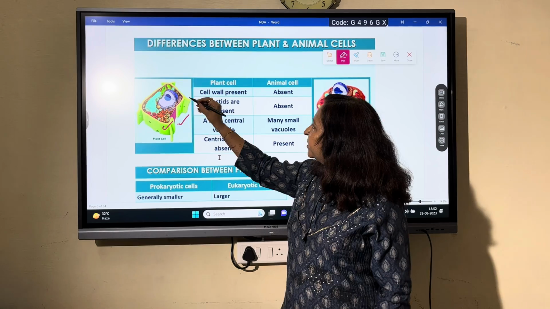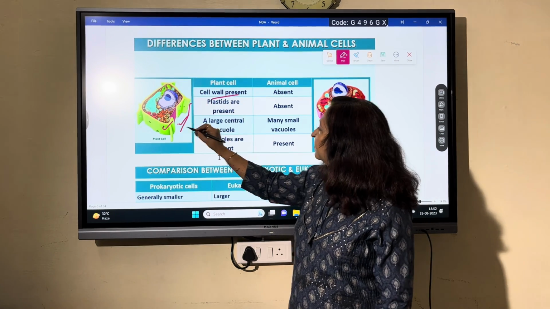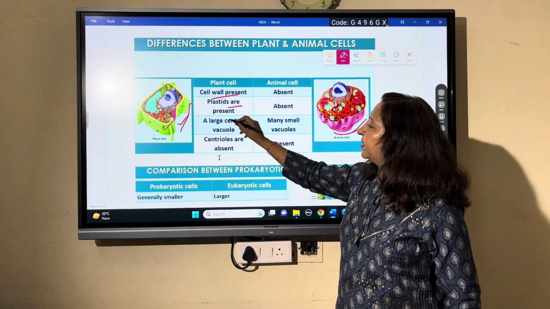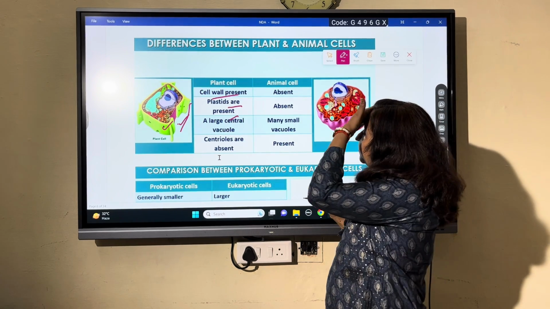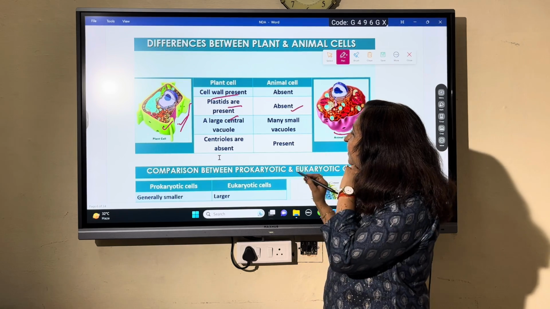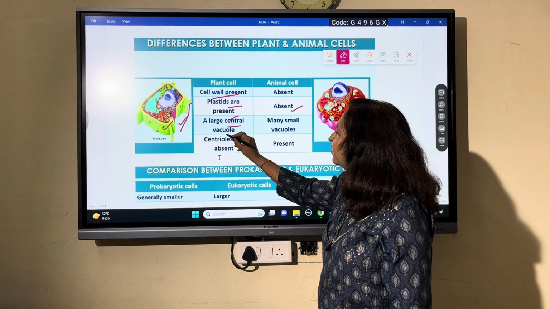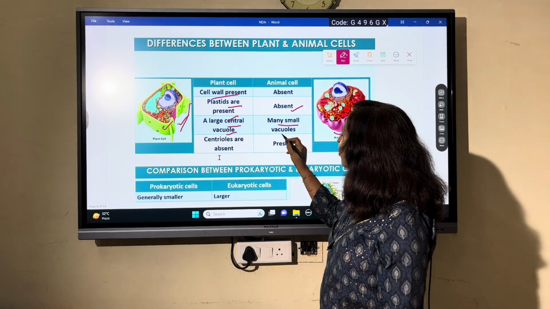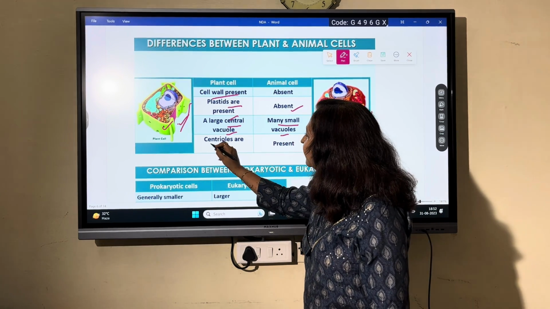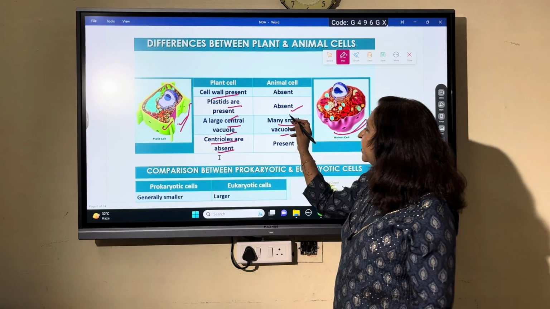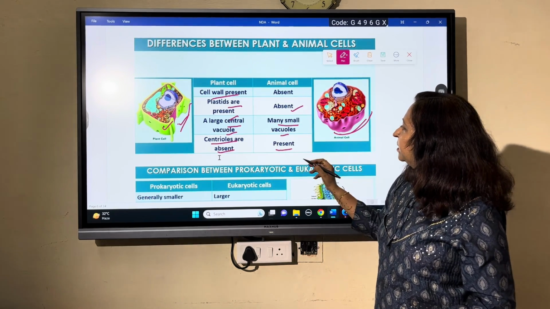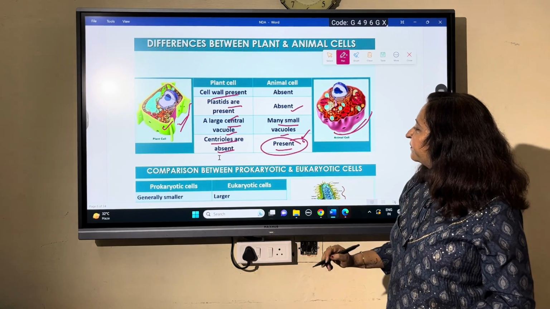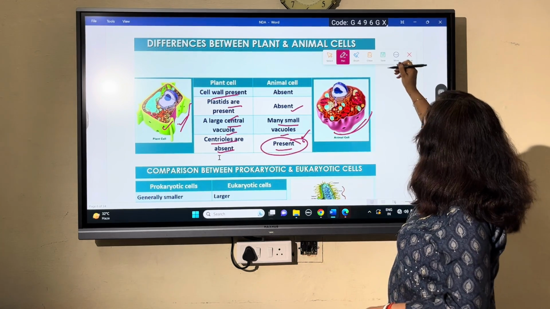In plant cell, cell wall is present, whereas in animal cell there is no cell wall. Plastids are present in plant cell, whereas in animal cell no plastids are there. In plant cell a large central vacuole is there, whereas in animal cell there are small vacuoles. In plant cell centrioles are absent, whereas in animal cell they are present. So these are some of the differences between the plant cell and animal cell.